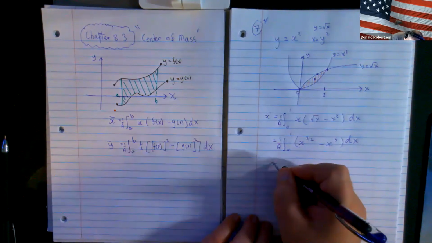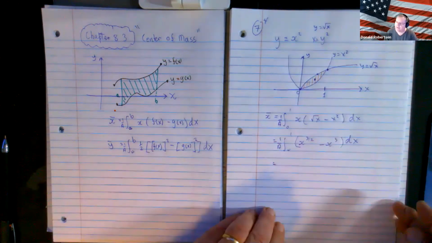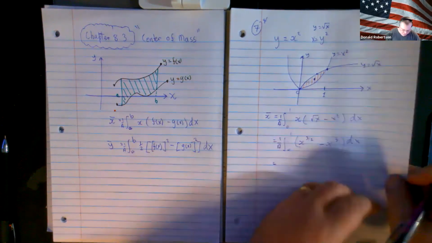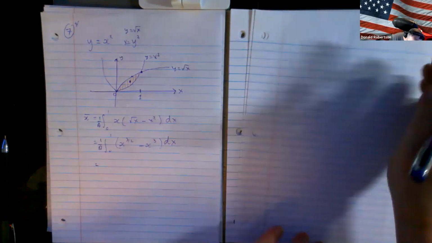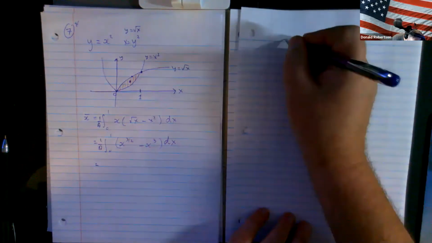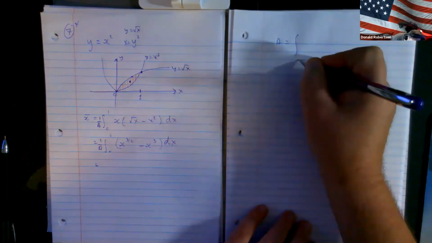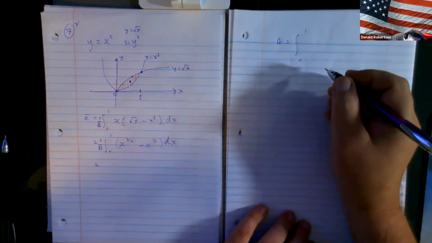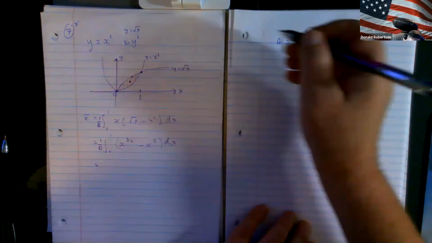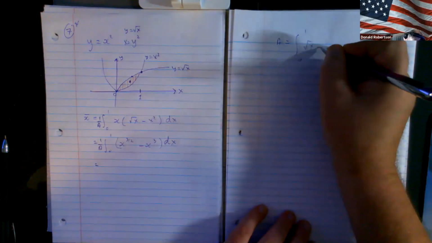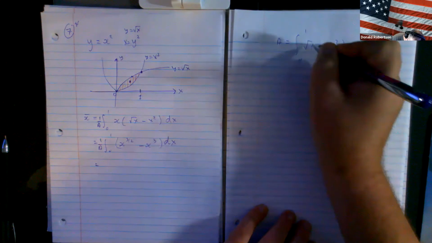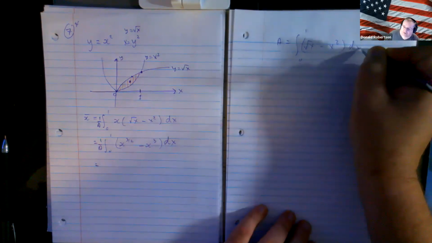So, oh, that means I still have to find a then, don't I? Should do things in order. So a is going to be the integral from 0 to 1 of the square root guy, take away the x squared guy, dx.